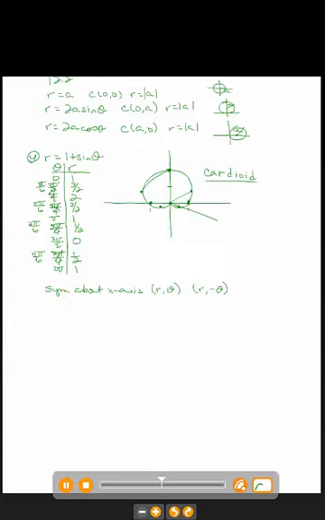That would make sense because one's going clockwise, one's going counterclockwise, the same difference. So one dot would be here, the other dot would be there. Makes them symmetric on the x-axis.